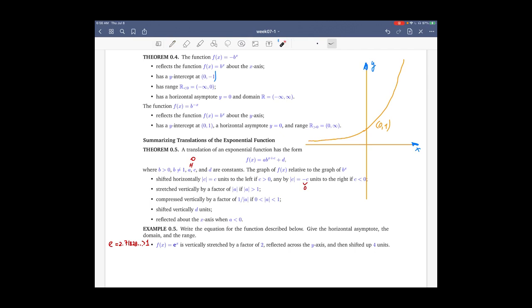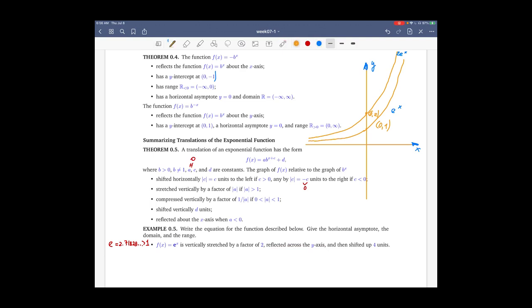If we first vertically stretch it by a factor of 2, we multiply each y coordinate by 2. So we get an increasing exponential function with y-intercept 0, 2. Next, by the way, this is e to the power x, this is e to the power x times 2. Now we reflect across the y-axis.